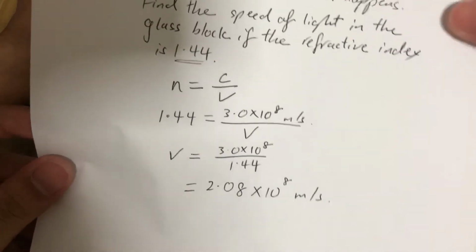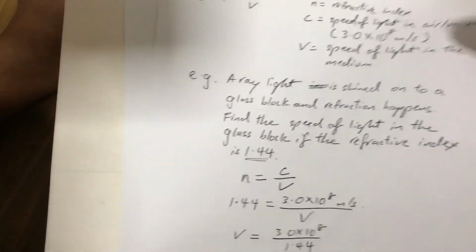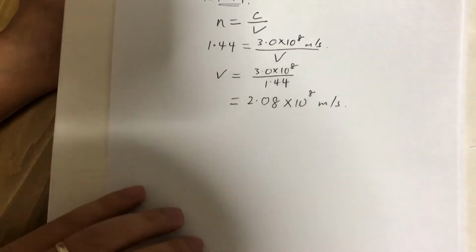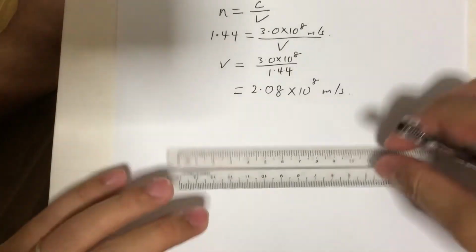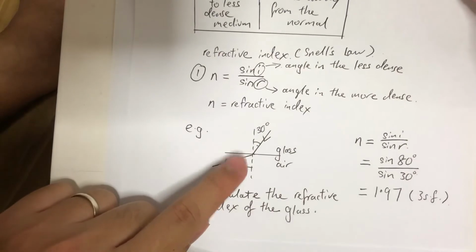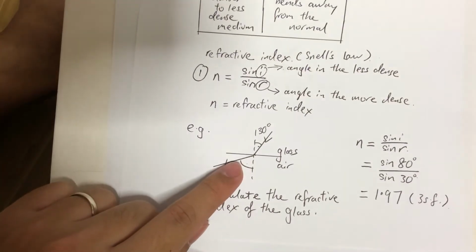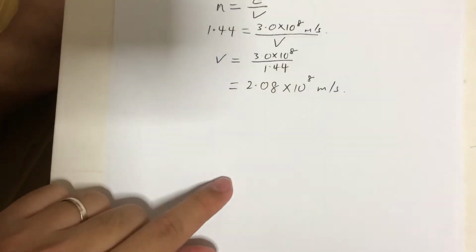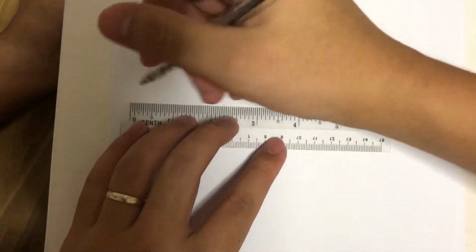But it's not the end, because we have a very special situation coming up, and this special situation is an extension of this portion where the light is traveling from a denser medium to a less dense medium. So I'm going to break up the segment here.